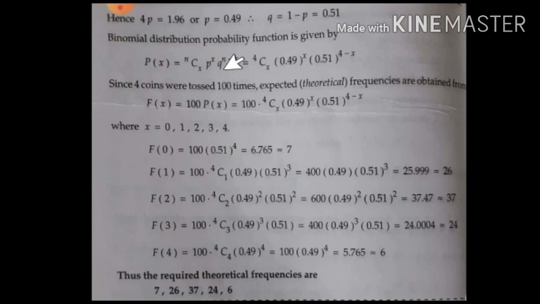Since it is a condition of tossing a coin, you can take p as half and q as half, because the outcome of success is half and the outcome of failure is also half, getting either head or tail. But to get a more accurate value using statistical concepts for the given frequency data, you can also calculate the mean value.